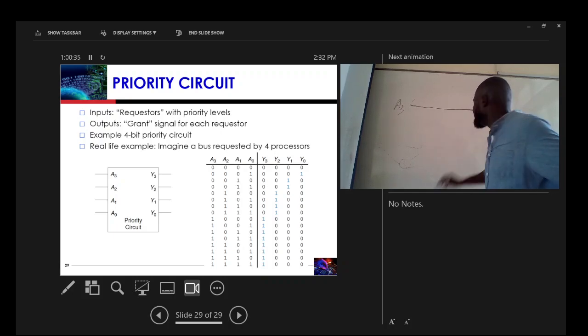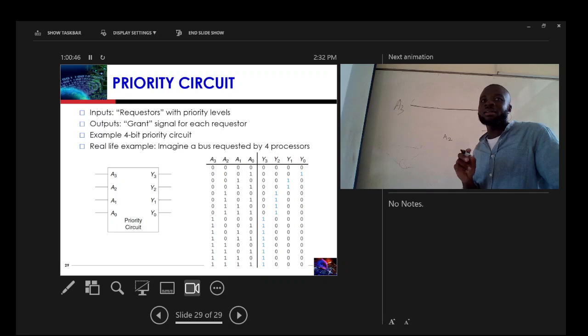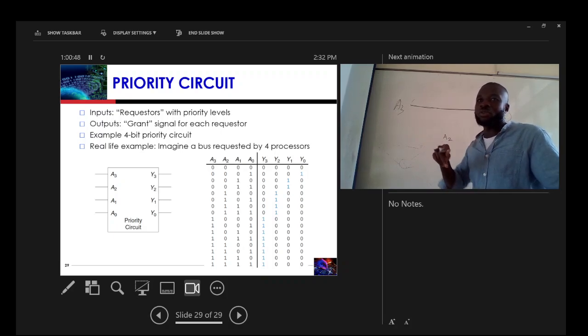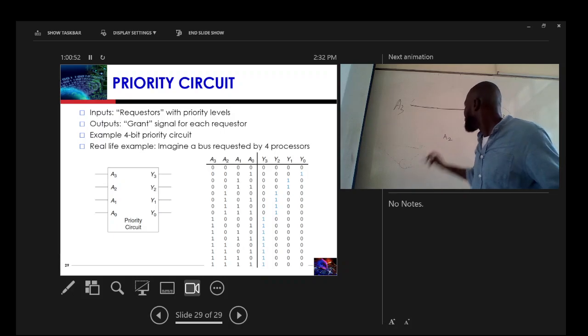For Y2, we are looking at A2, but A2 depends on A3. So we have this A3 here. If I use an AND gate here, then I connect an inverter here.